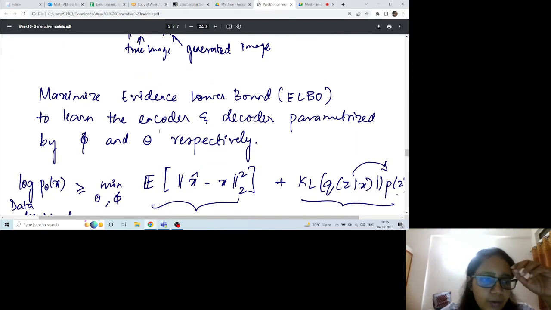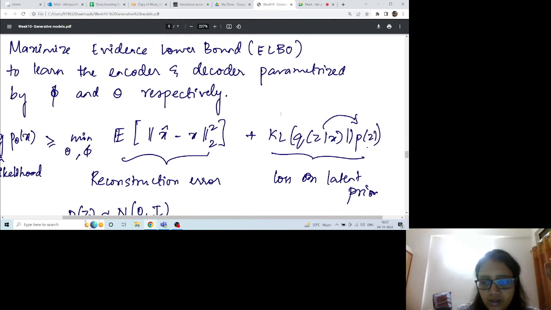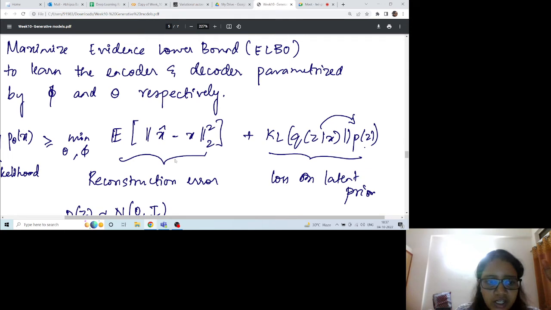That is why this ELBO lower bound came into existence, which says you do not only need this reconstruction error. The reconstruction error means you have an input x and your generated output is x hat, and you are trying to make them as similar as possible.